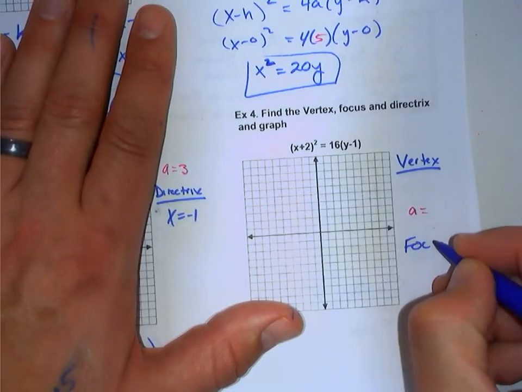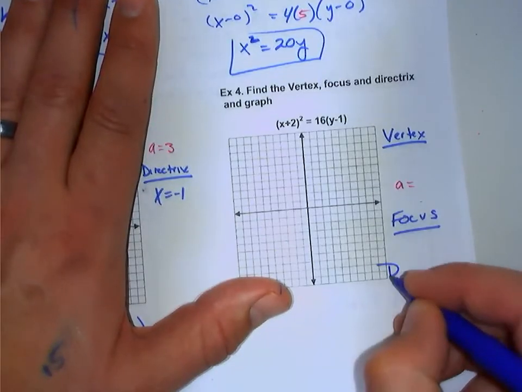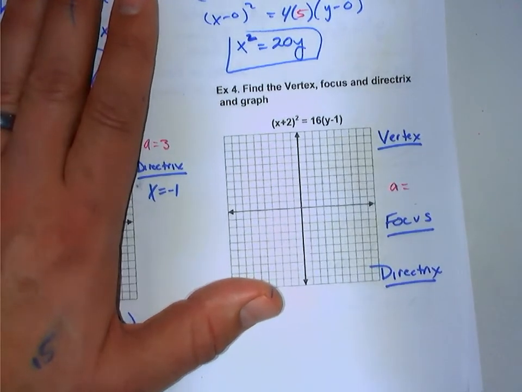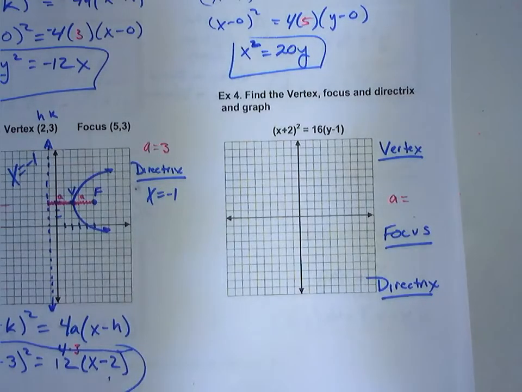And then we're going to find our focus and our directrix. You should also know which way it's going. So talk to your buddy and ask what you got. Don't draw yet, though. Actually, that one's a k, right? Opposite of what you see in front of you.